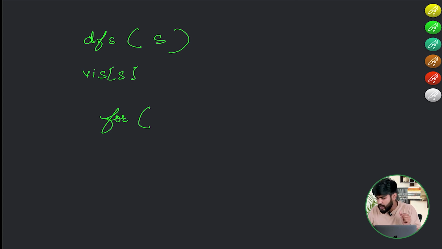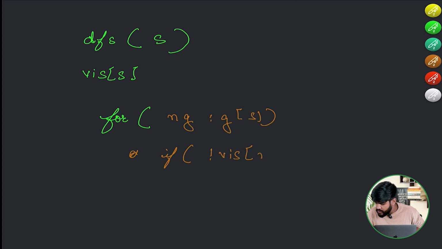So I write auto a lot. In Java you need to specify. So I would just write auto to be very specific, or I can just do something like we would visit all the neighbors of G of S by using a for each loop, and we would again say that if this neighbor is not visited, do a DFS of this neighbor too. This is the code of DFS.